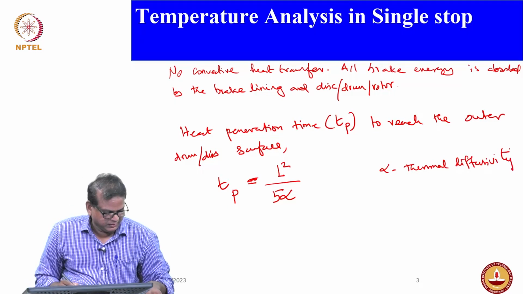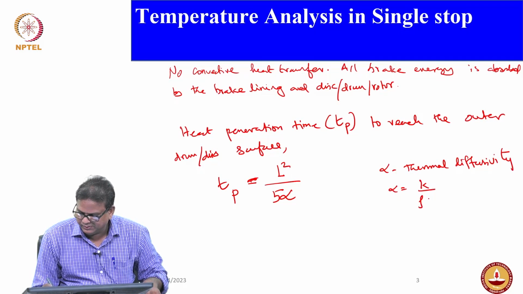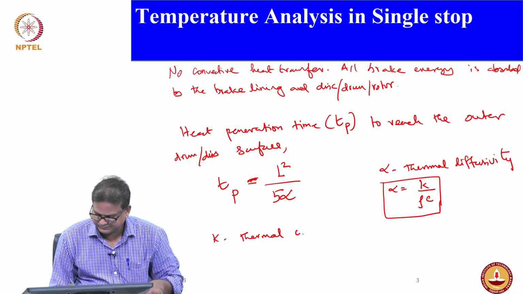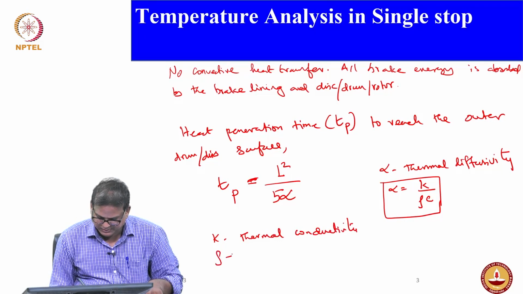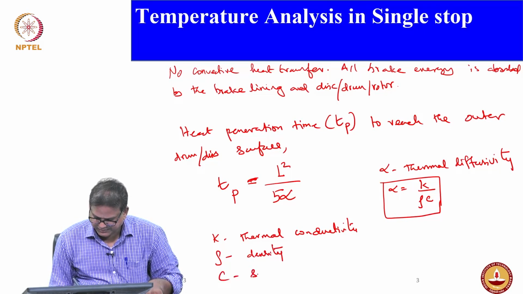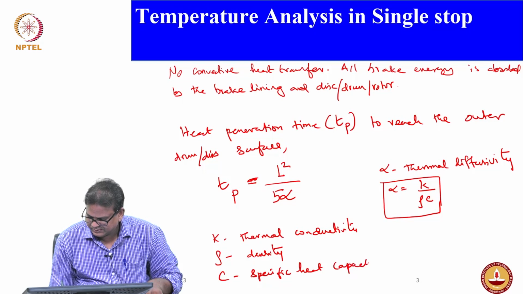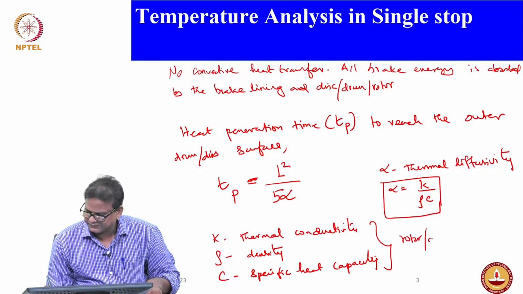Thermal diffusivity alpha is equal to K by rho C, where K is the thermal conductivity, rho is the density, and C is the specific heat capacity of the rotor or drum, either way is fine.